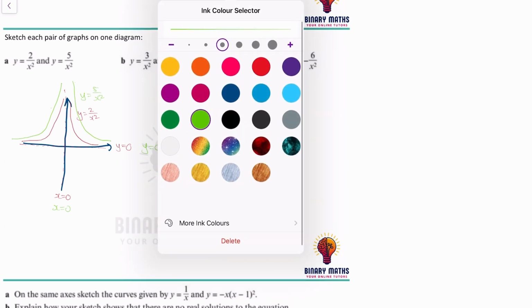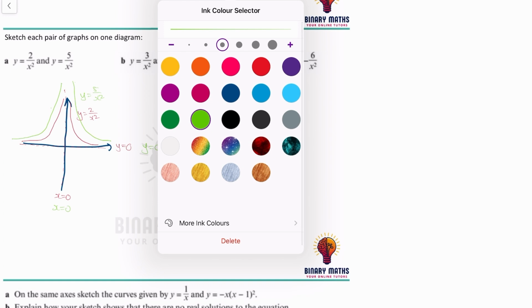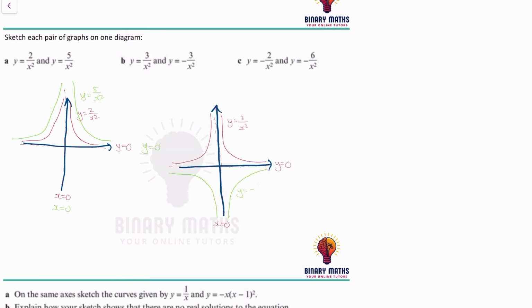Negative 3 over x squared will be the negative x squared graph, so it will be quadrant 3 and quadrant 4. So y is equal to negative 3 over x squared, and your asymptotes are still the same. Okay, the last one.